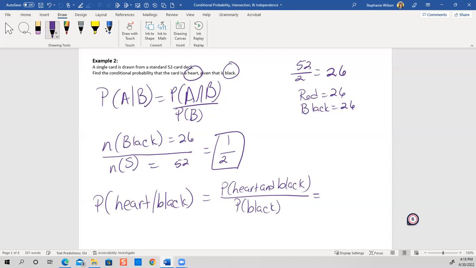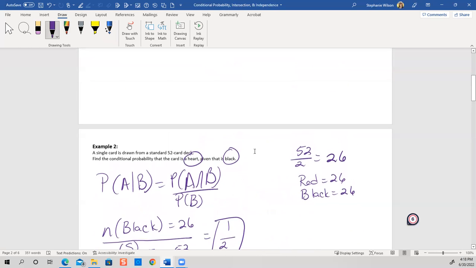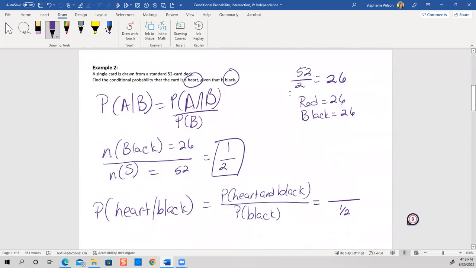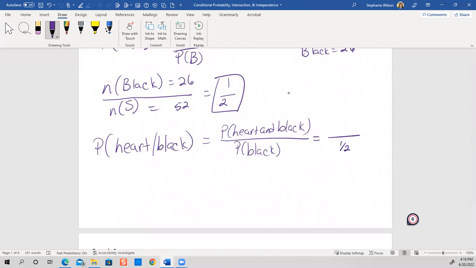We already know the denominator is a half. But what about the number of hearts that are black? If you look above, we stated what the colors are. The red is hearts and diamonds. There is no black heart, so it's going to be 0 here. Anytime 0 is in the numerator, my answer is 0. So the conditional probability is 0.